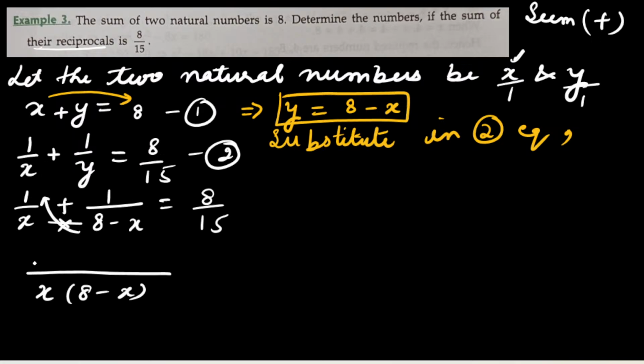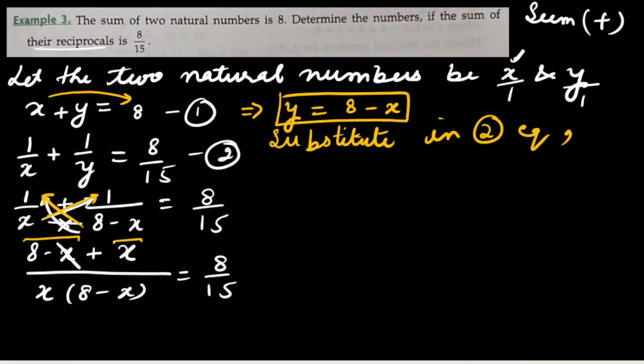So here, cross multiplication: 1 into 8 minus x is 8 minus x only, and plus x into 1 is x. If you multiply anything with 1, the answer will be the same. So always you have to follow this process only. Is equals to 8 by 15.